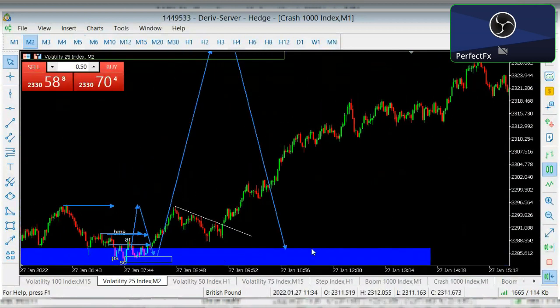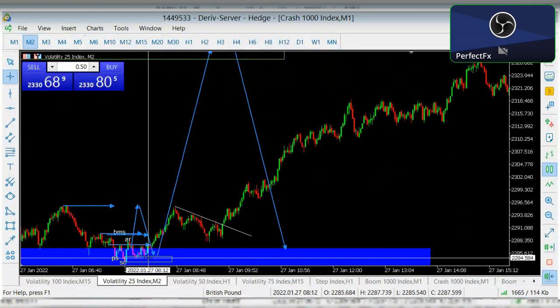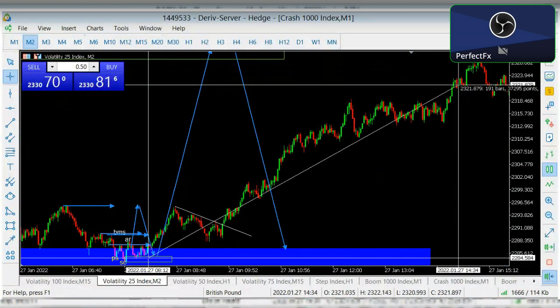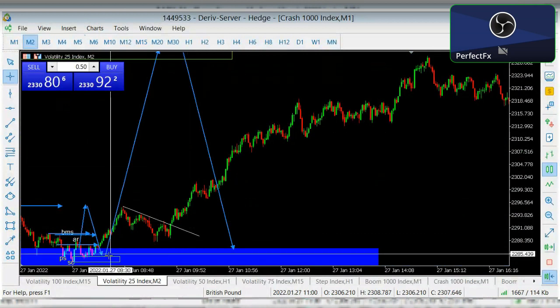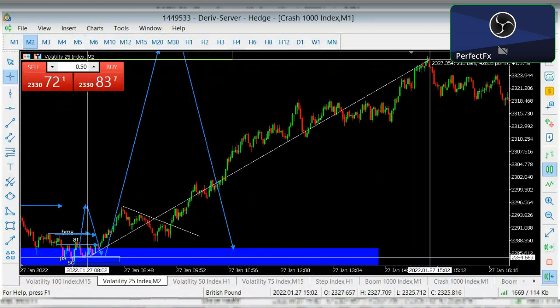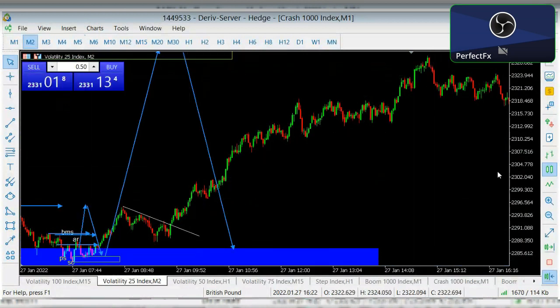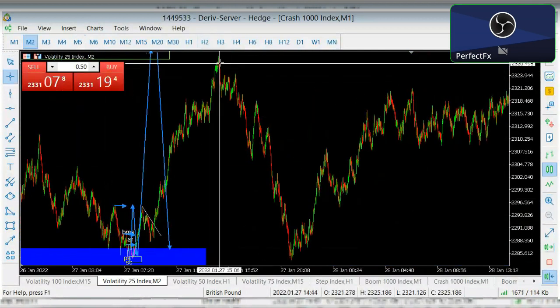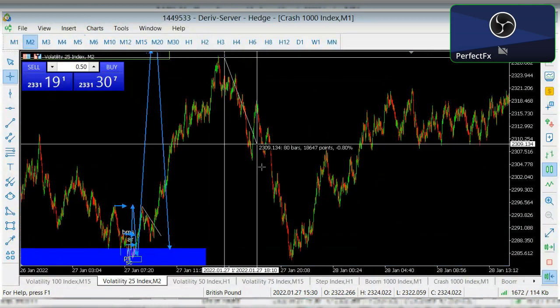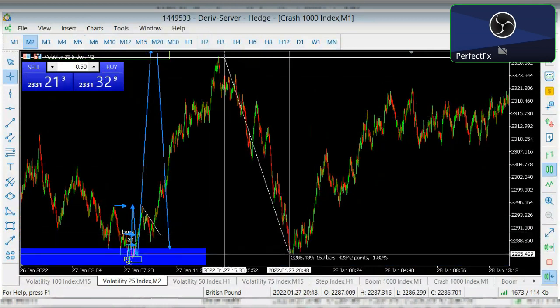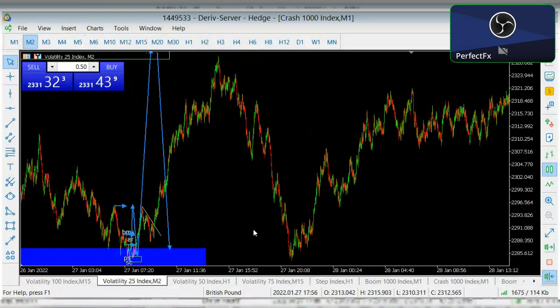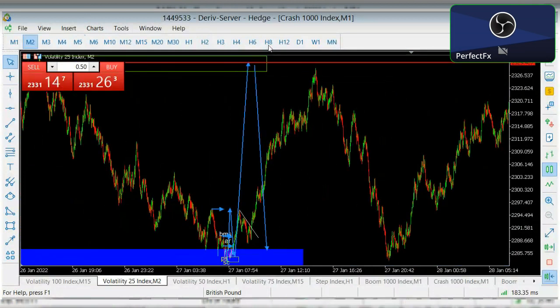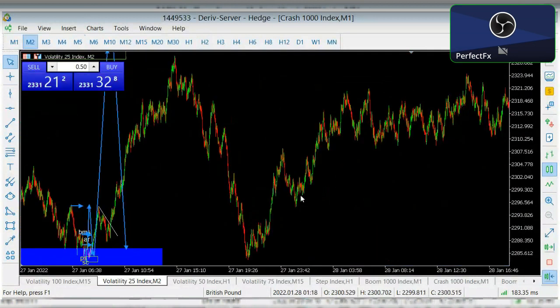The market pushed from this point to the upside and smashed our take profit, and then continued to short to the downside. From this point again, it shorted to the downside for confirmation of the two moves, pushed to the upside, pushed to the downside, and as you can see, we made a lot of profit from this move.